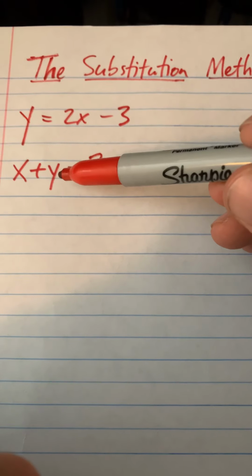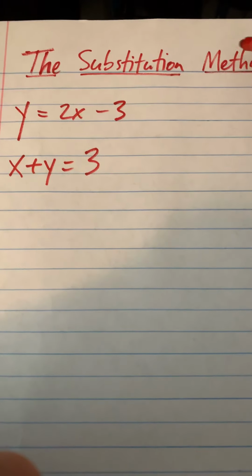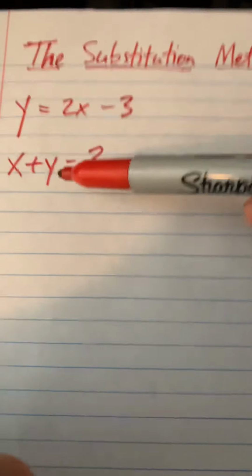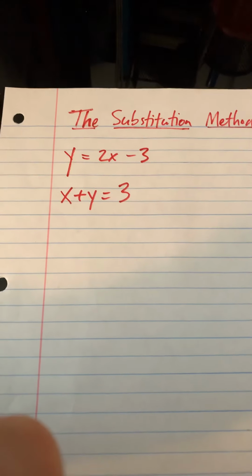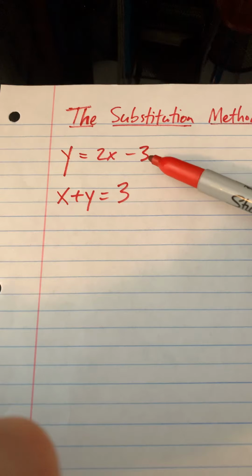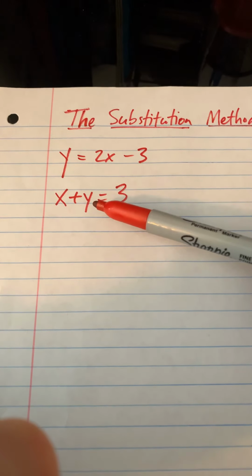This is a system of equations. So I'm going to rewrite this second equation, x plus y equals 3, and when I do, I'm going to substitute 2x minus 3 in for y.